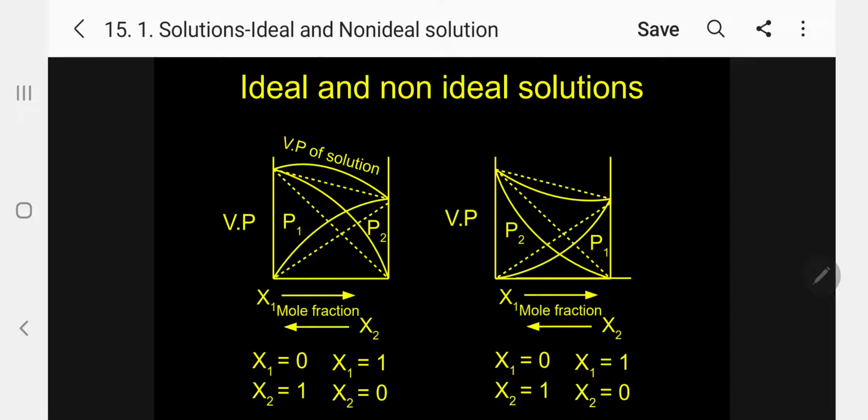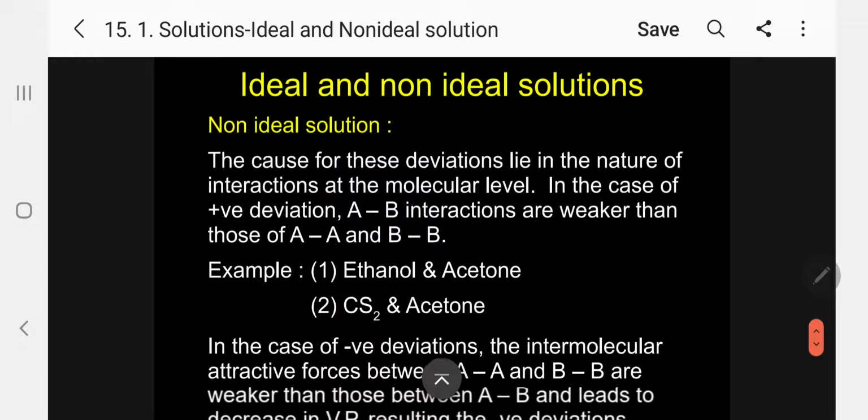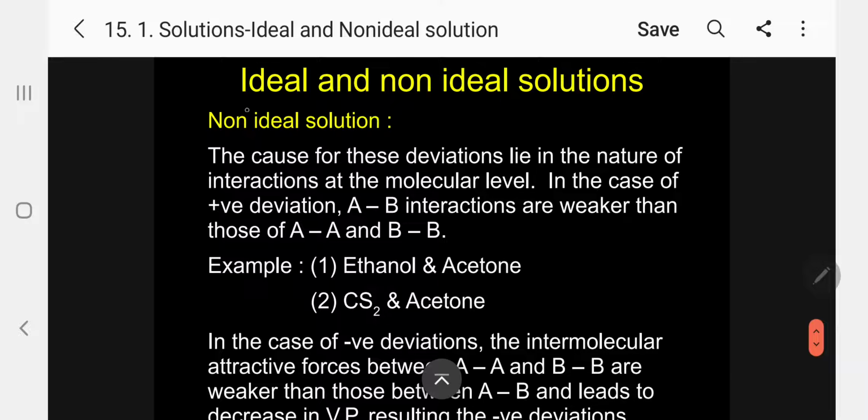Please follow. Let me go to the non-ideal solution. The cause of these deviations lies in the nature of interaction at the molecular level. In the case of positive deviation, high vapor pressure, kindly follow. Positive deviation: AB interactions are weaker.